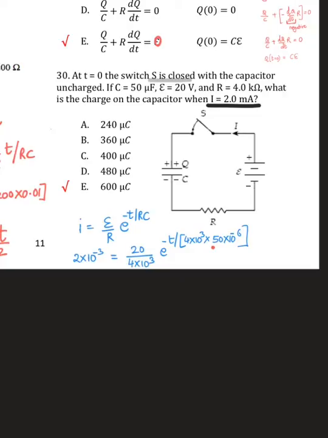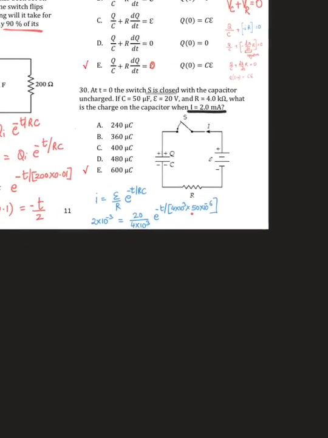Okay, why is this not going? Okay, no problem. Now we have to get the value of T from here. So I'm going to calculate it and get the value of T from here.